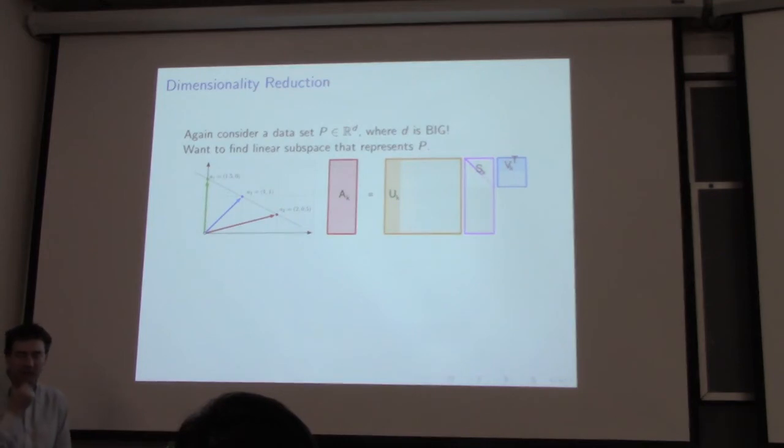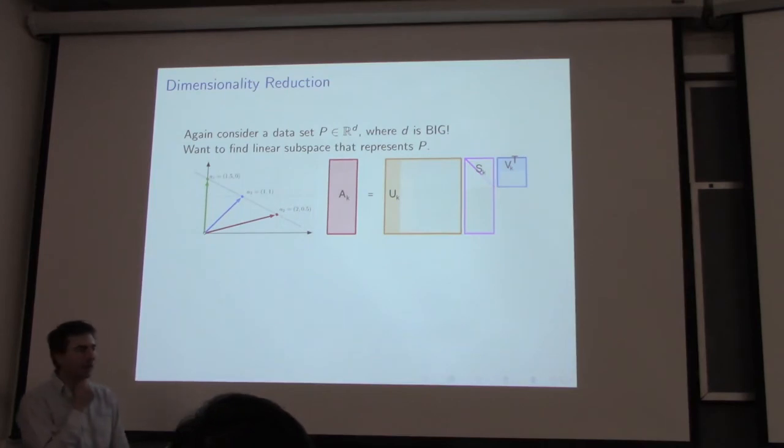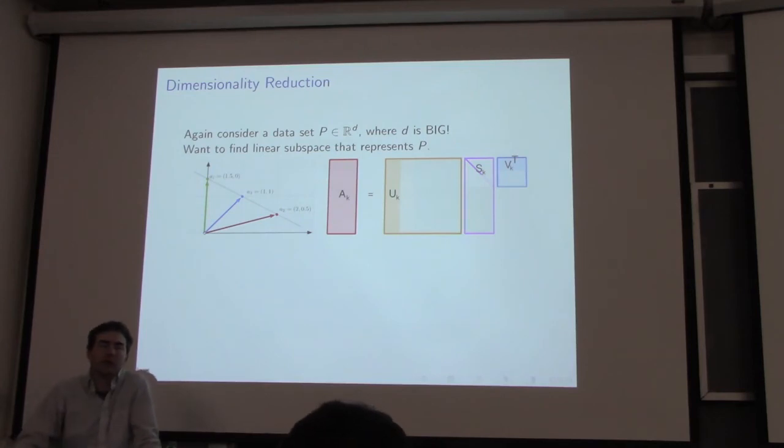Okay, so the next section will be on dimensionality reduction. If you remember from that table, this is an unlabeled data set, but in this case it'll be very high dimensional. My goal is to find a much lower dimensional subspace that is going to capture this data well.